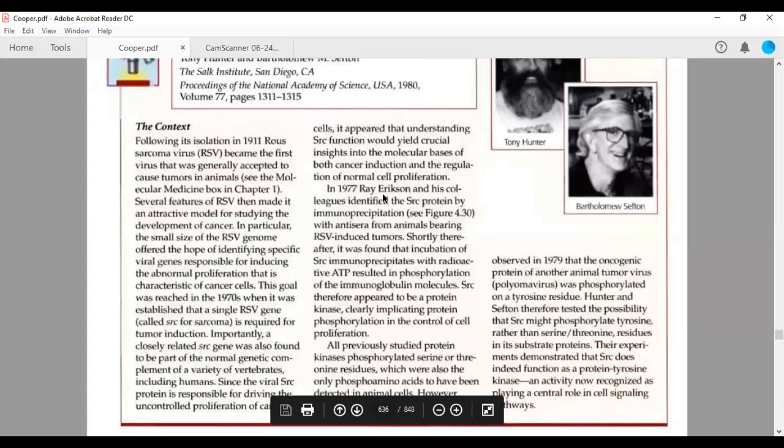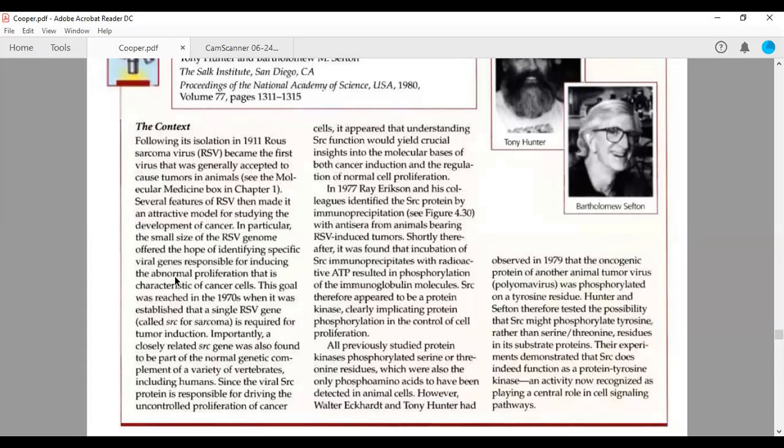Okay, so we are coming back to Cooper. In particular, the small size of the Rous sarcoma virus genome offered the hope that, because it has a very small genome, scientists could identify the specific viral genes, out of which one was the SRC gene, which encodes that particular tyrosine kinase.